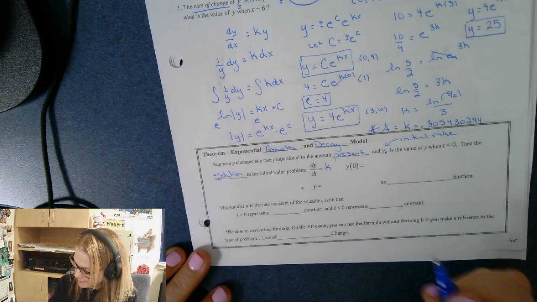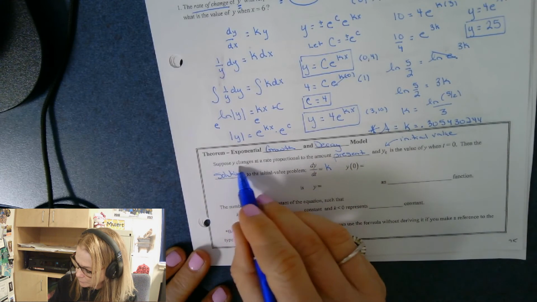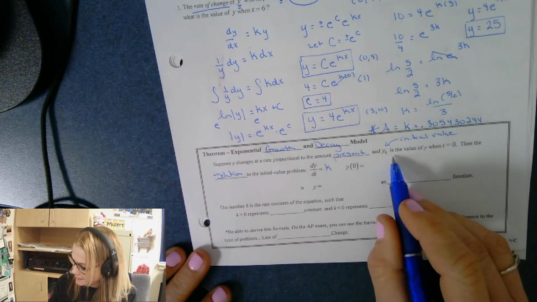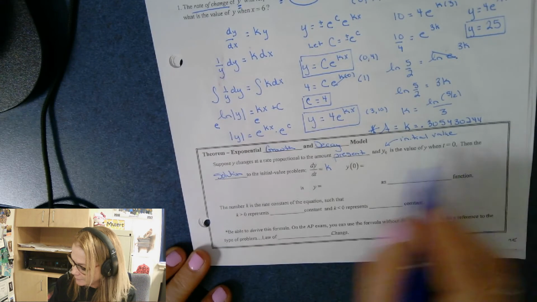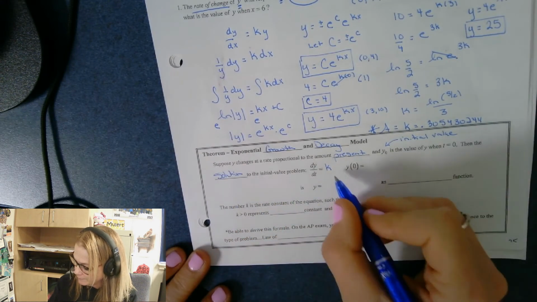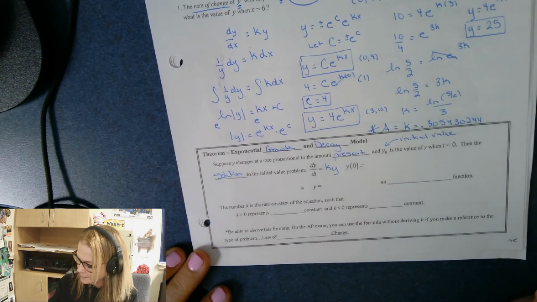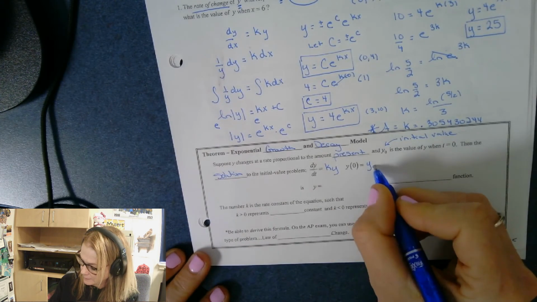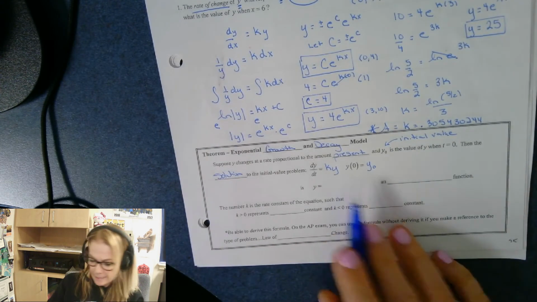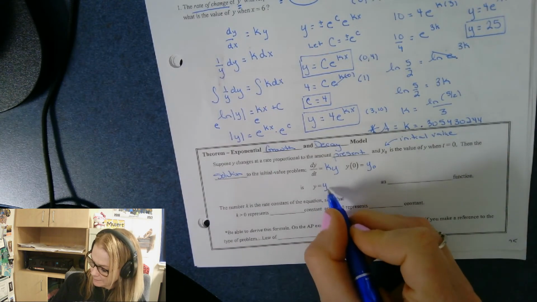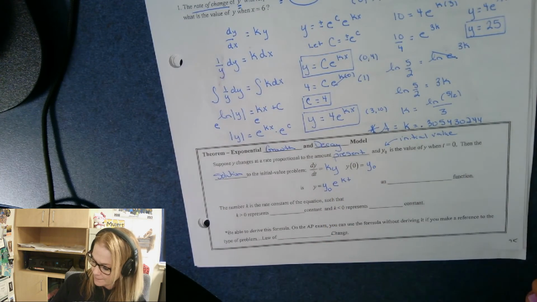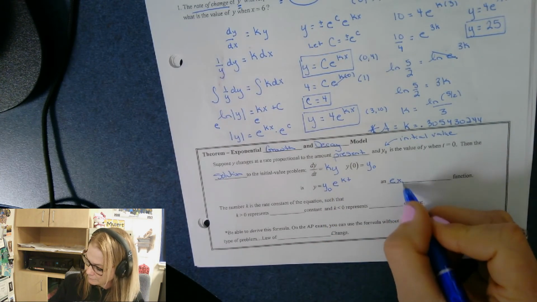All right, and so suppose y changes at a rate proportional to the amount present and y sub 0 is the value of y when t equals 0, then the solution to the initial value problem, ky, all right, where y sub 0 is equal to that plug-in of 0, and this is going to be the initial amount e to the kt, an exponential function.